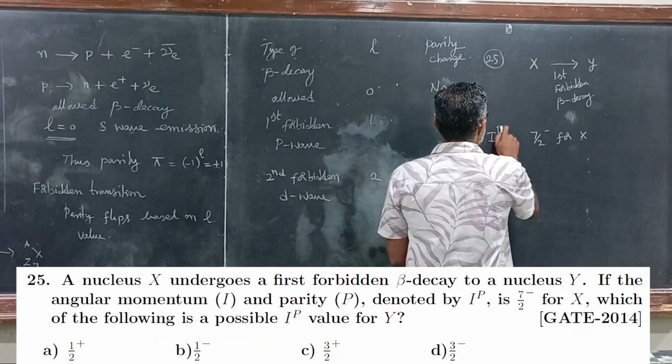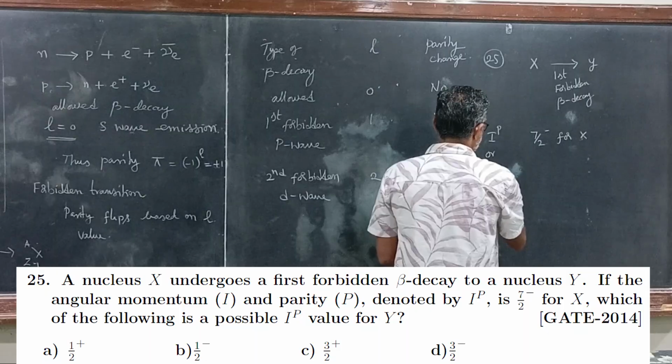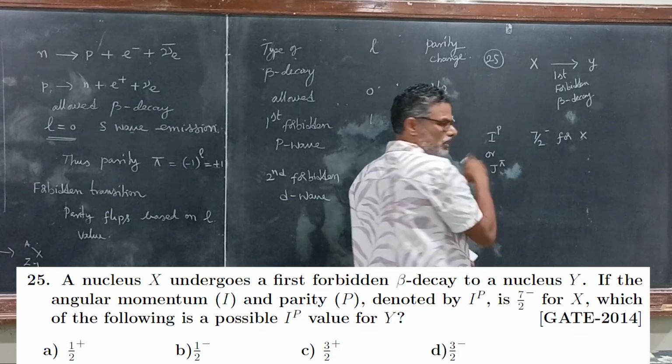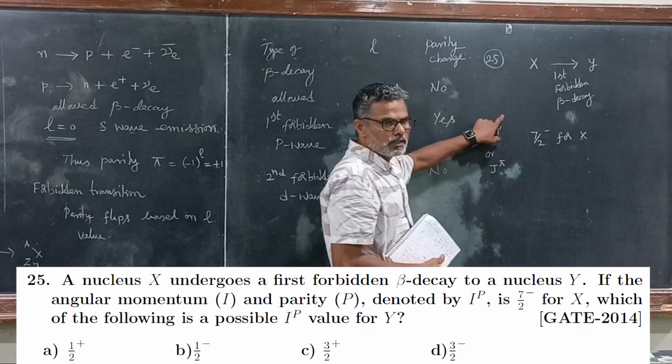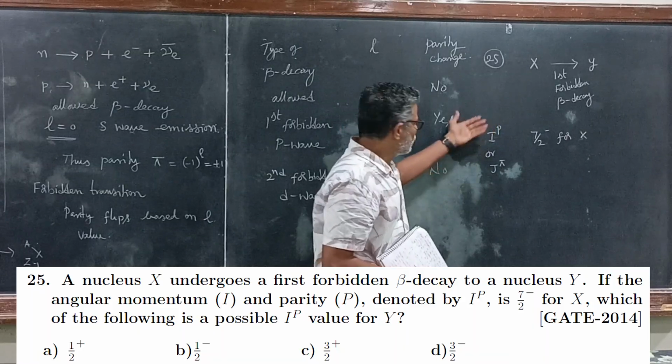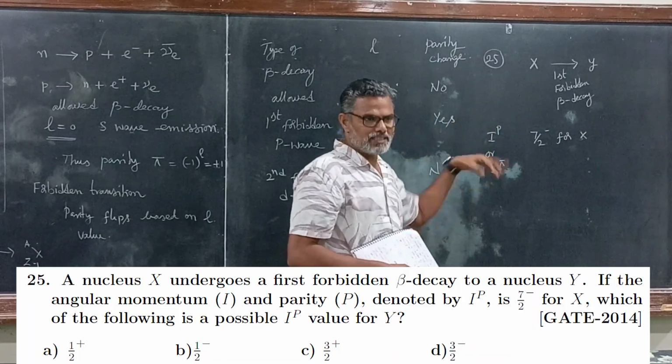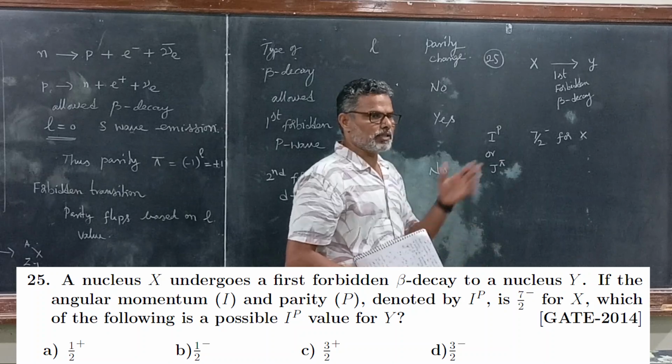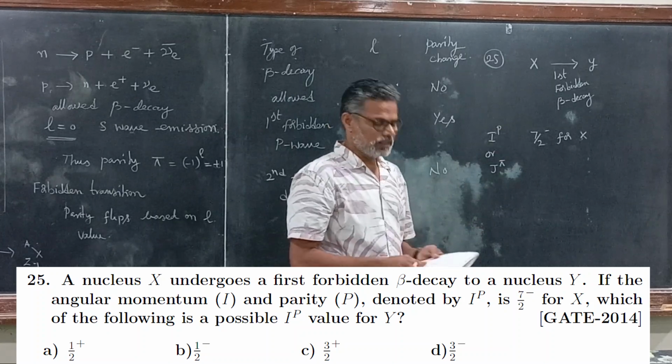In this problem they have mentioned I and P, I for angular momentum, P for parity. So if you are confused, you can use this, but from the exam point of view, it is given, because every year the question paper is different.